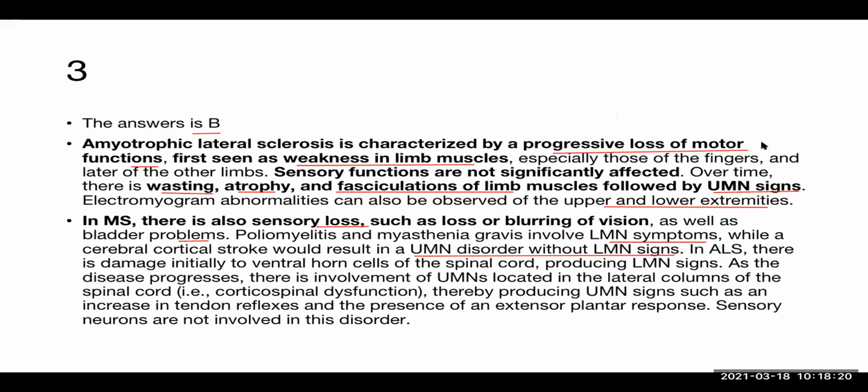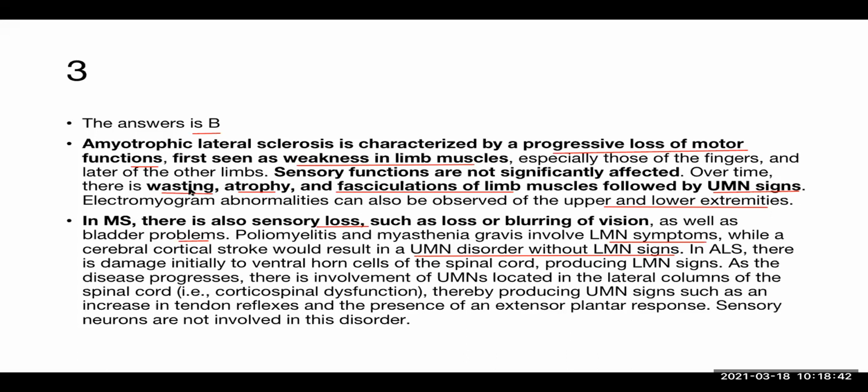Now, if you pay attention here, this question is very easy for you. See there, wasting of the muscle, atrophy of the muscle, fasciculation, areflexia or hyporeflexia, or flaccidity. All of these are features of lower motor neuron paralysis.